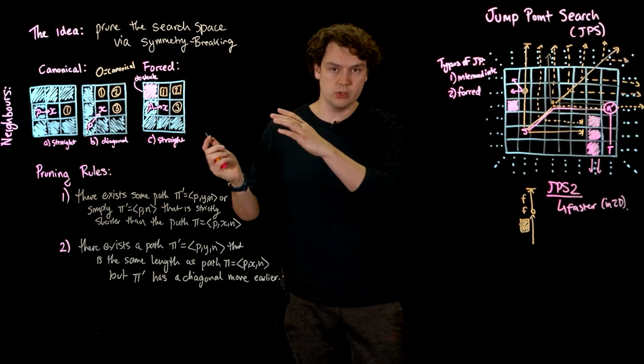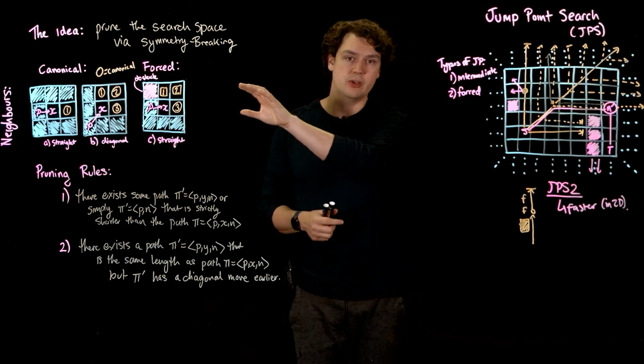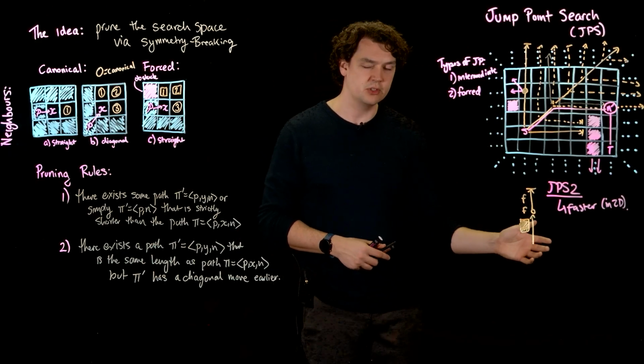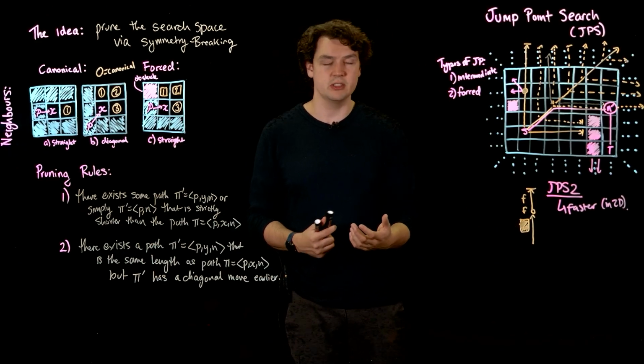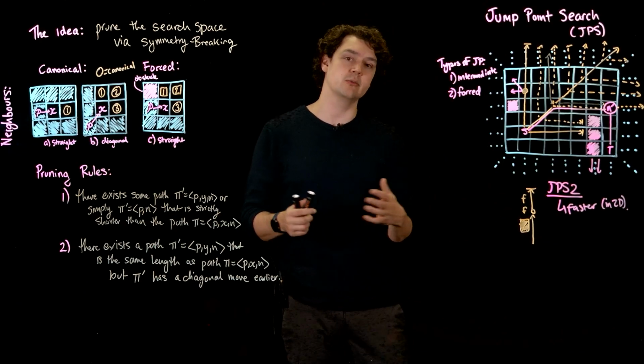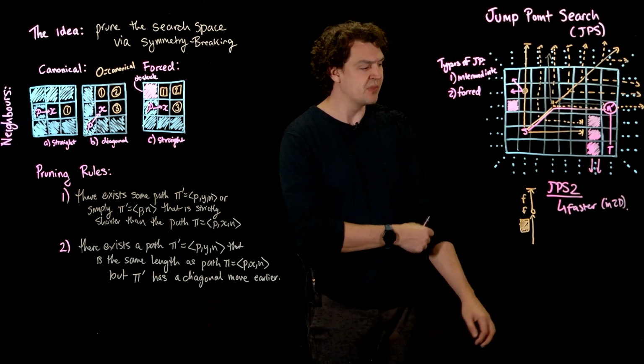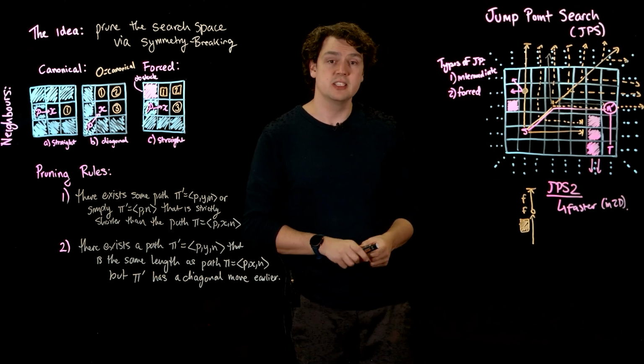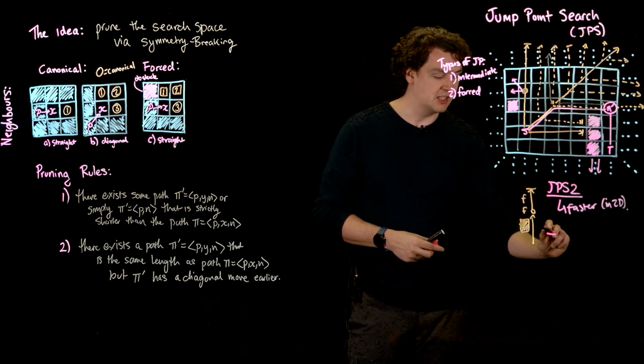So before I continue onwards to the idea of how we're going to do this stride, I also want to talk very briefly about some other variants of JPS that exist that are really important in the literature and depending on the kind of problem you're tackling. A lot of this is leading towards something called JPS-Plus, which I won't discuss in this video.